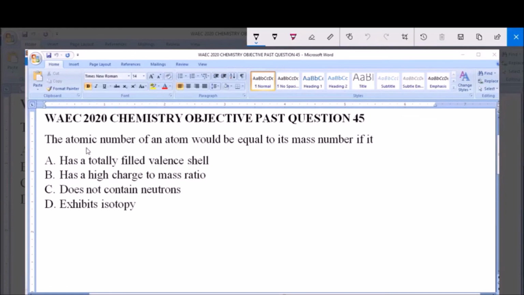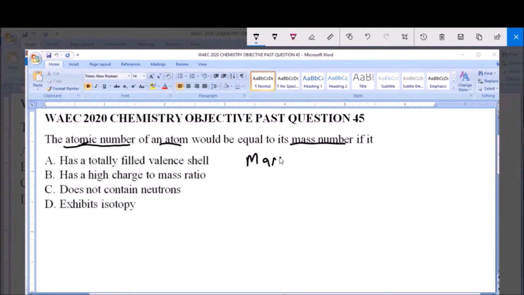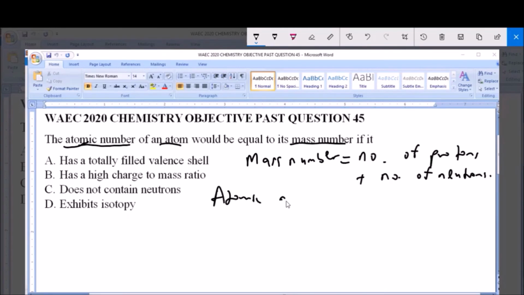So we are asked in what condition would the atomic number of an atom be equal to its mass number. Now the mass number of an atom is equal to the number of protons plus the number of neutrons, and then the atomic number is the number of protons. So the condition for the mass number to be equal to the atomic number is if the other factor you consider in mass number, which is the number of neutrons, is absent.